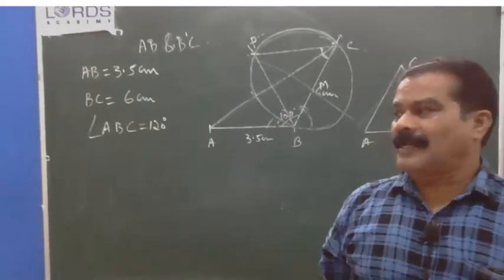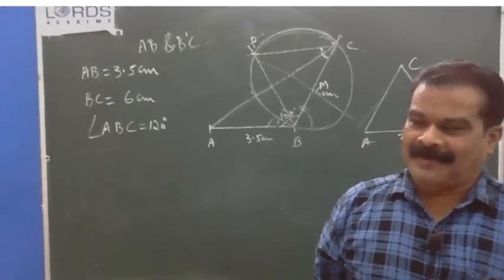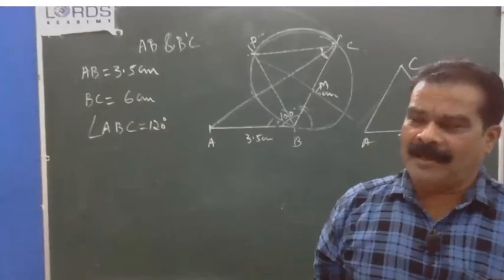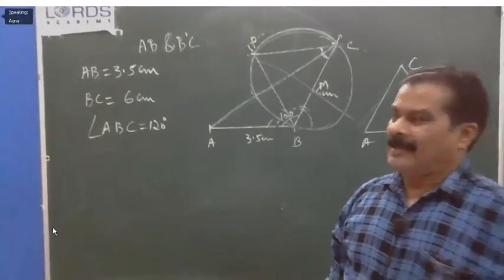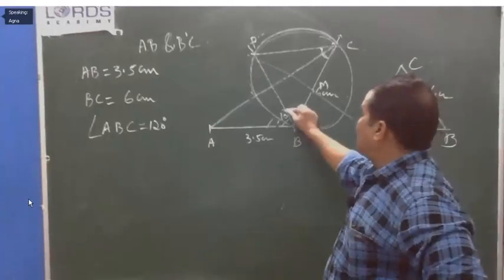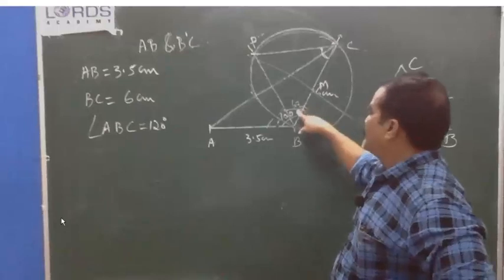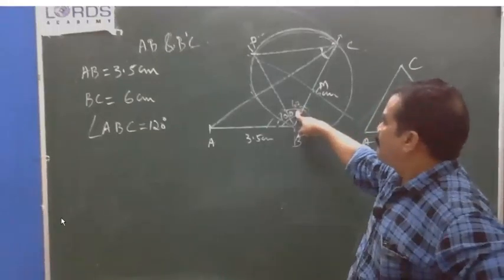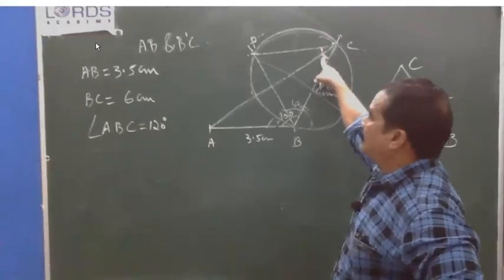Yes, 30 degrees is the correct answer. How will you get that 30 degree? This is 60 degree, this is also 60, then I'll get this 30.